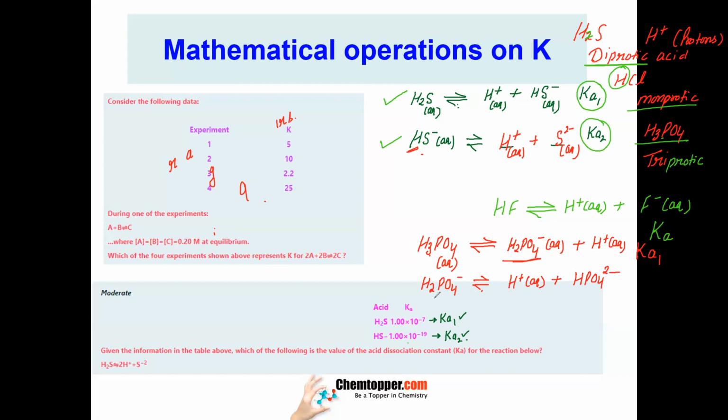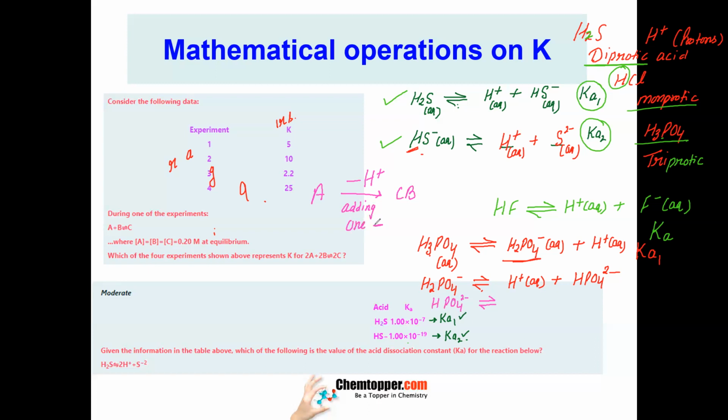Okay, and if I want to remove the third, I want all of you to write down the equation. Remove 1 H plus, add 1 minus on the conjugate base. Acid to conjugate base, you are removing H plus, and after removing H plus, you are adding 1 minus.